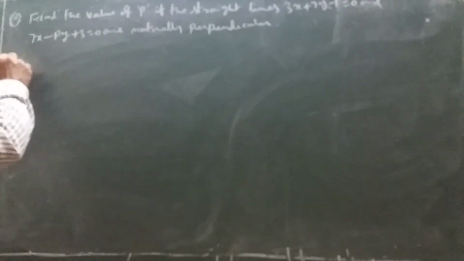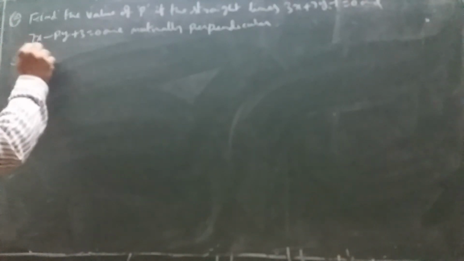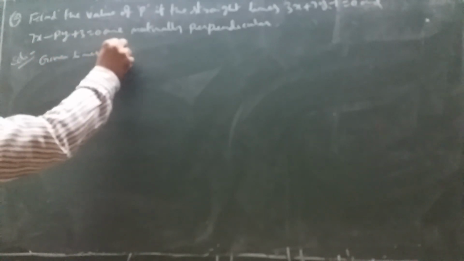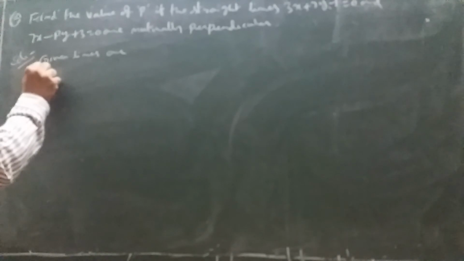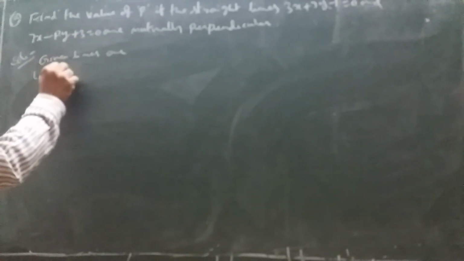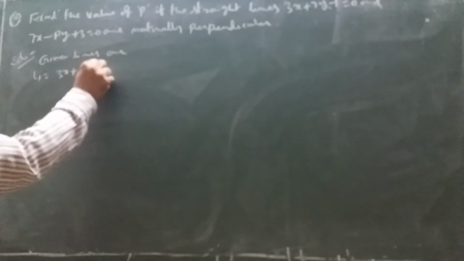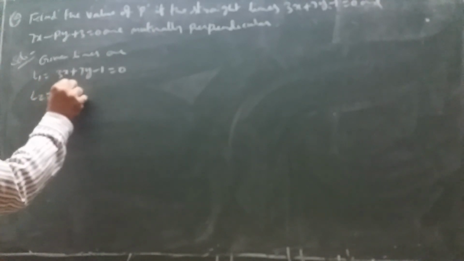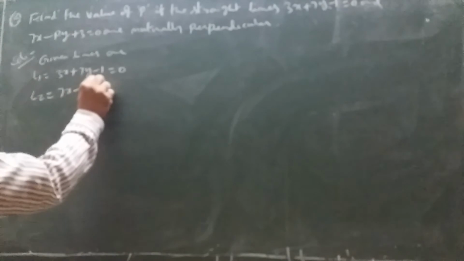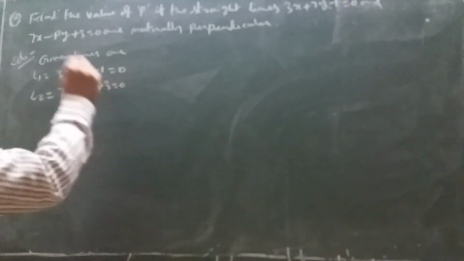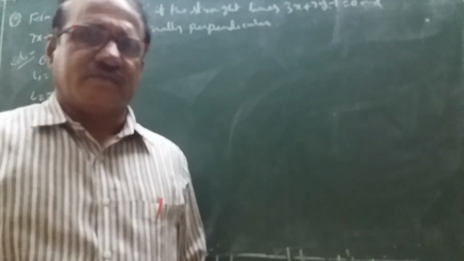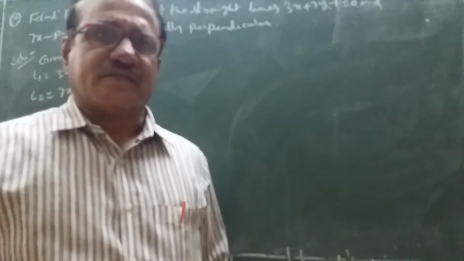The given straight lines are perpendicular. Solution. Given lines are L1 is equal to 3x plus 7y minus 1 is equal to 0 and L2 is equal to 7x minus py plus 3 is equal to 0. We can solve this problem by using so many methods.